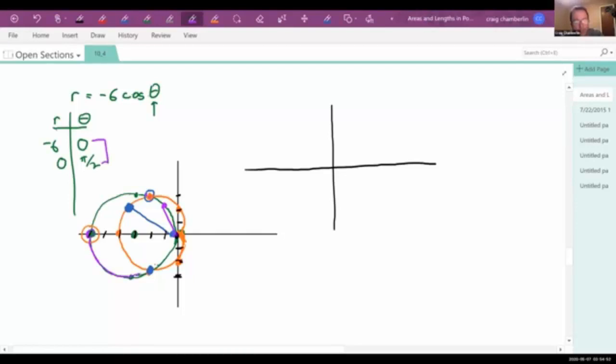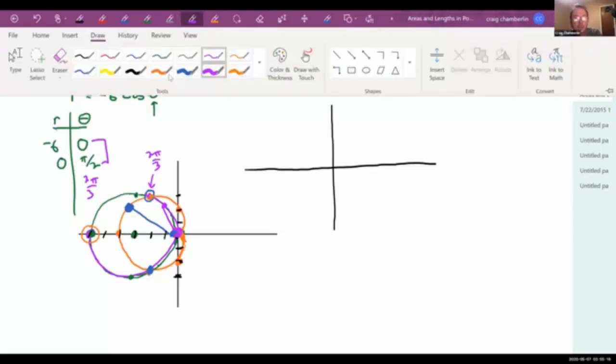And you end up right here. And then we already know that the theta value of that point is 2π/3. So as you go to 2π/3, this part of the circle must be traced out. Let me use a highlighter, or just a bigger blue curve. Oh, wait, I'll do a yellow curve.